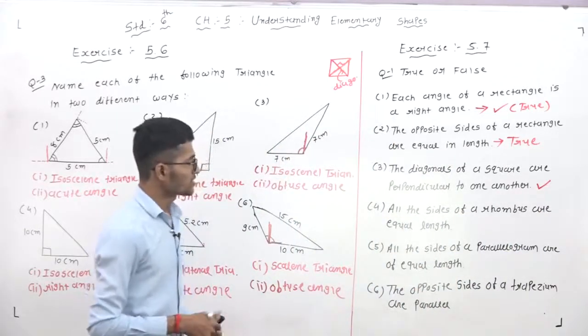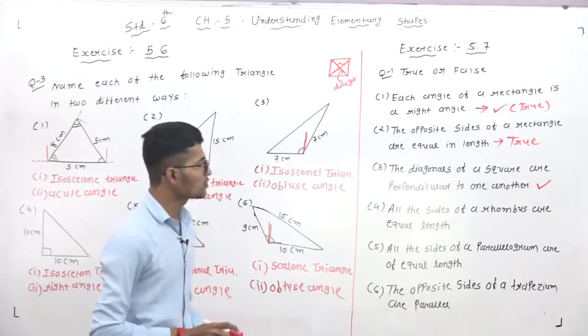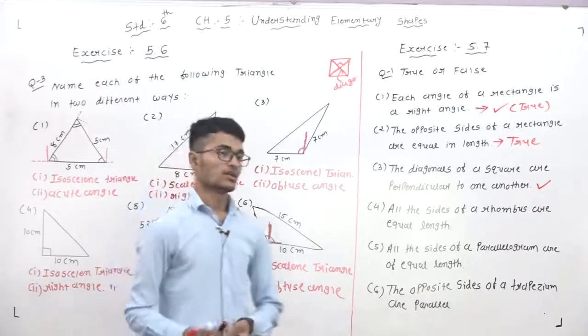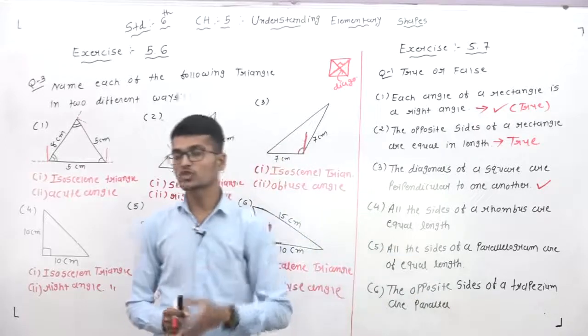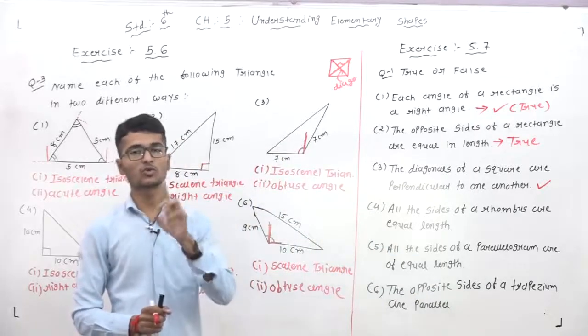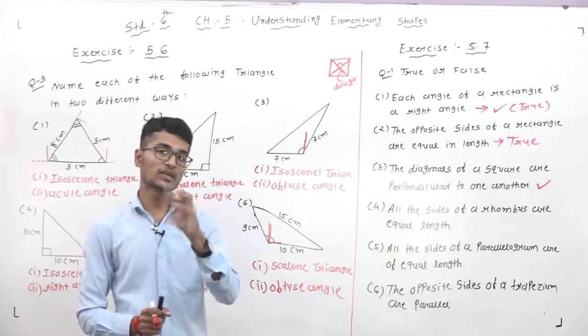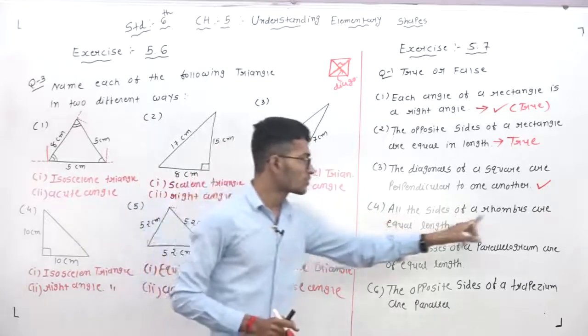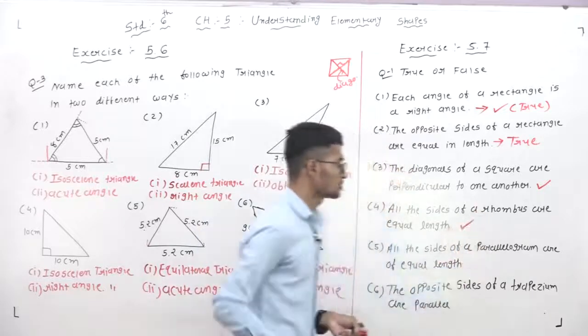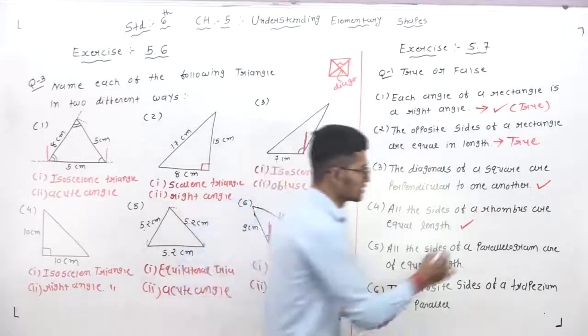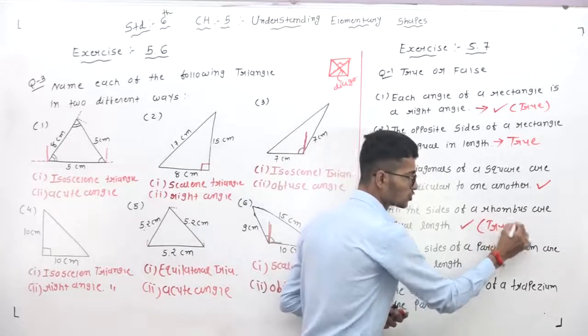Then our next question is question number 4. All the sides of a rhombus are equal in length. This is a property of the rhombus. What is the rhombus property? Dear students, first of all the sides are the same, equal in length. So here it is given all the sides of a rhombus are equal in length. Yes, so this is also the right answer, true.